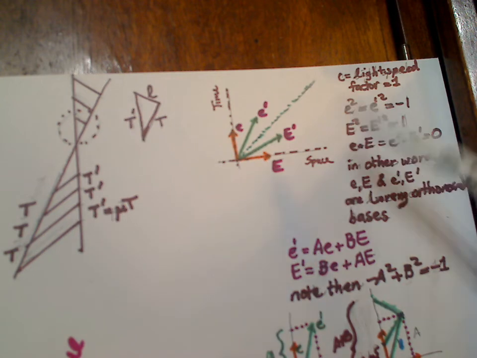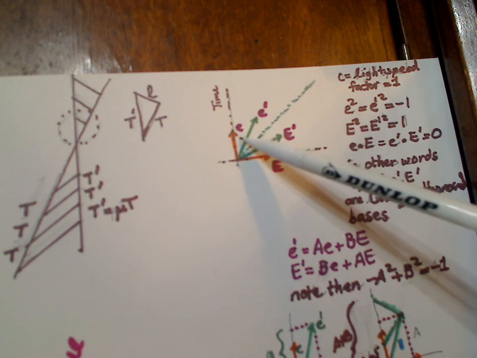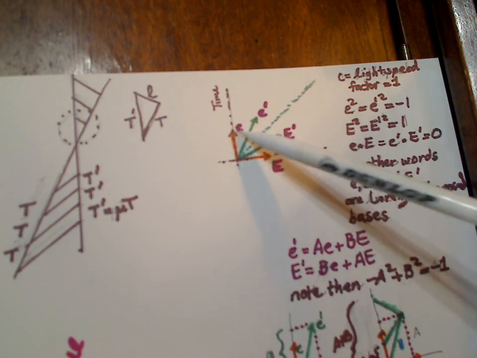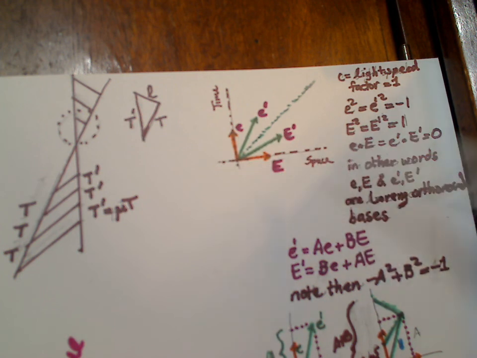So here it is. You fix a basis of vectors, lowercase e and capital E. That's going to be an orthonormal Lorentz basis, meaning that little e is time-like, so little e squared is -1. Capital E is space-like, so capital E squared is 1.